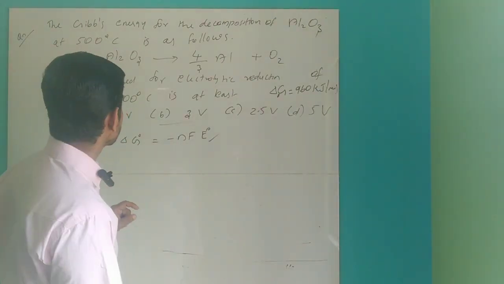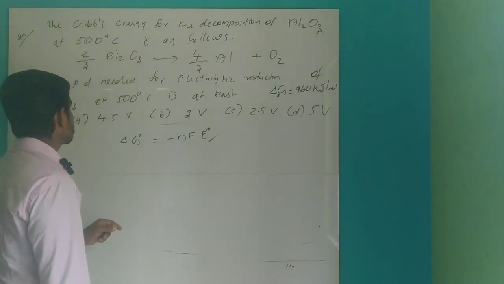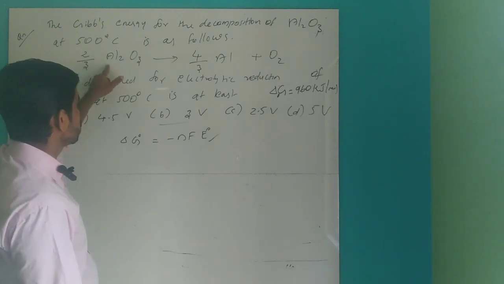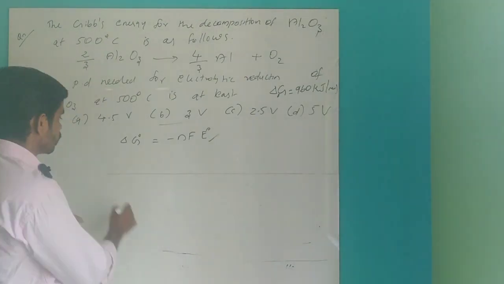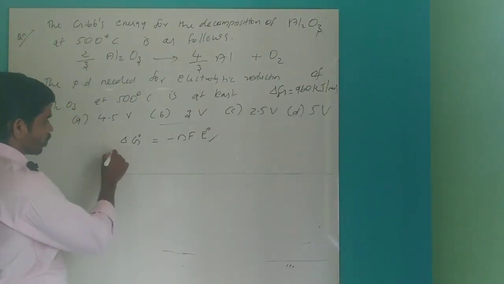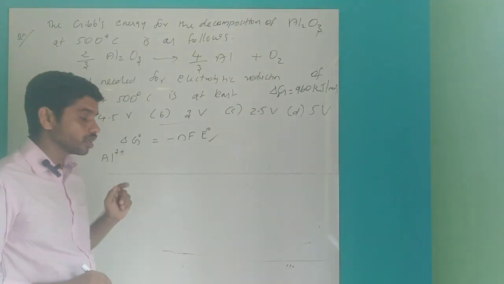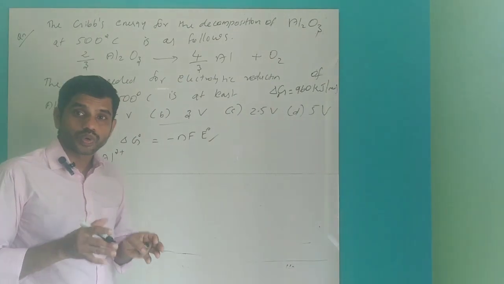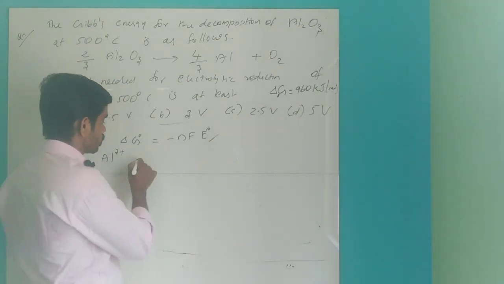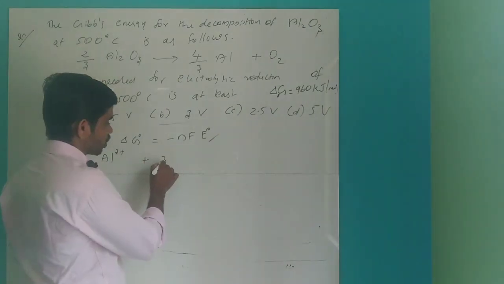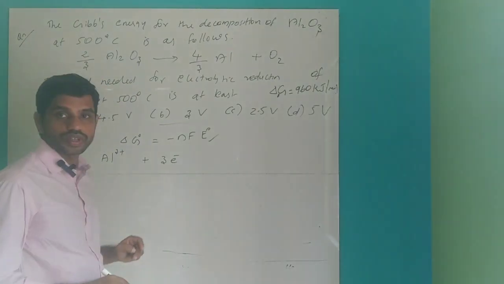What is the value of n? The equation is 2 by 3 Al2O3. For aluminum the charge is 3 plus, and to reduce one aluminum, 3 electrons are needed.